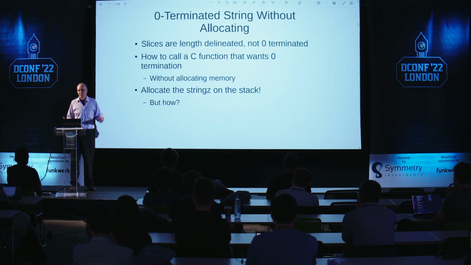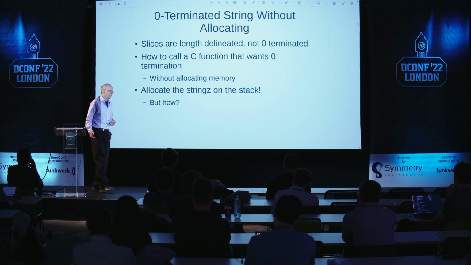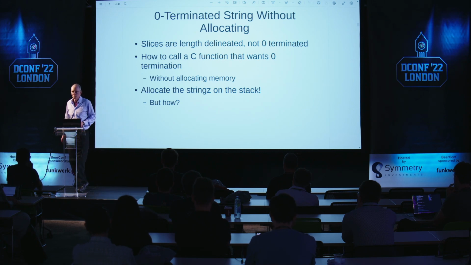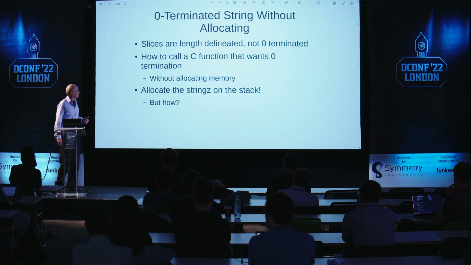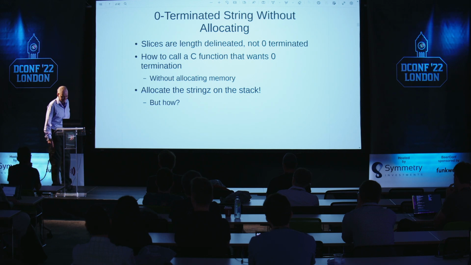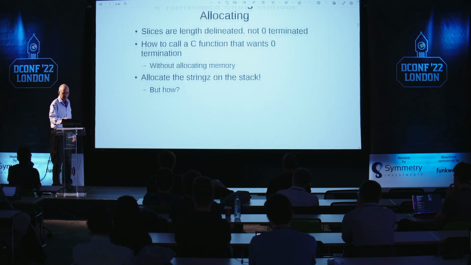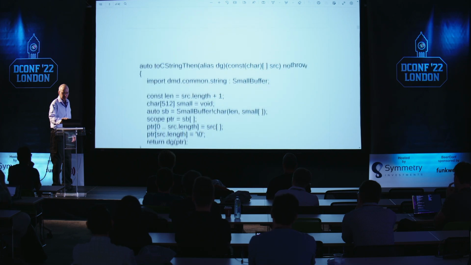Because once you return your stack allocated memory, it's off the end of the stack, and it's in Never Never Land, and it's memory corruption to even attempt to access it. But there is a way. I did not discover it. I don't know who did. Perhaps the person who did can raise their hand, but a way to do it, we can allocate it on the stack without these problems.